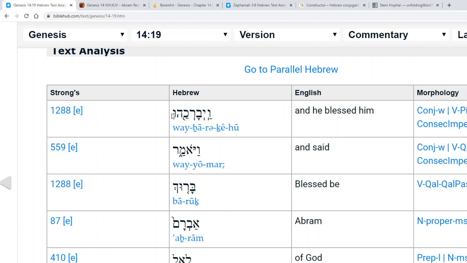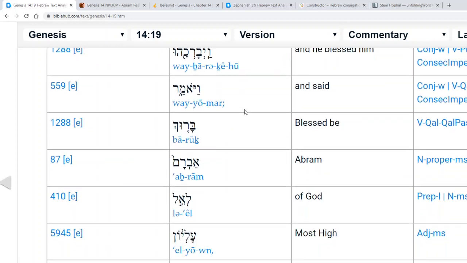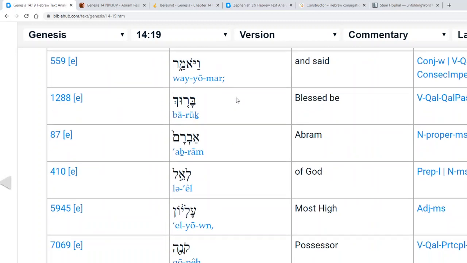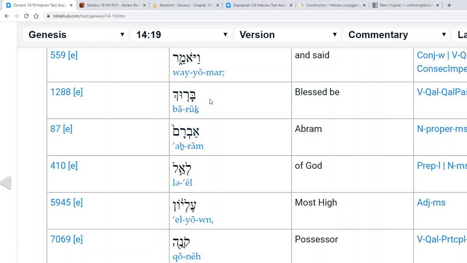Vayevarechehu. The he and the vav at the end are the third person masculine singular, and he blessed him. Vayomer, so conjunctive vav, yud puts it in imperfect, it's getting flipped. Amar, aleph mem resh, like we said before, that's the less harsh, the more kind way of speaking. Baruch, and this is the Kal passive participle, sorry, in the male singular.